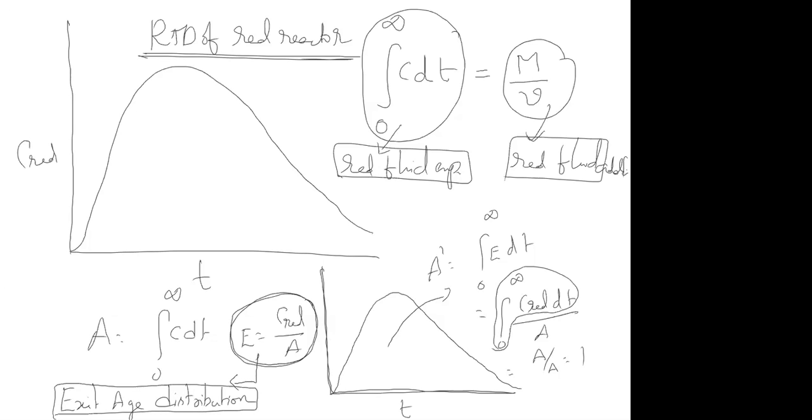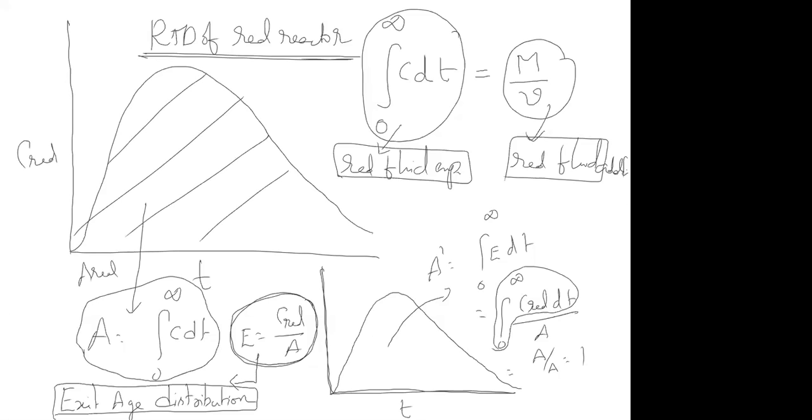So I'm plotting the C curve to the E curve. I just calculated the area of this curve, which is integral 0 to infinity, and divided your y coordinate by A. Why do you need to do this? I will explain in the next board.